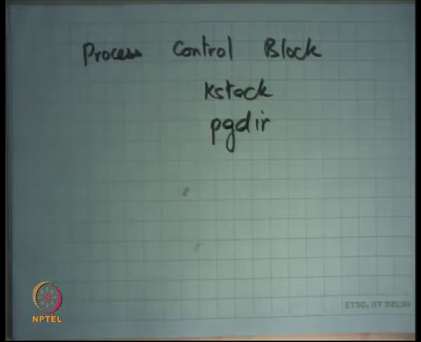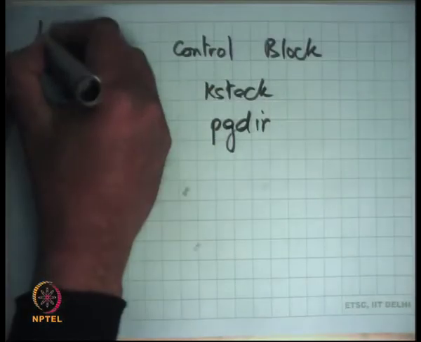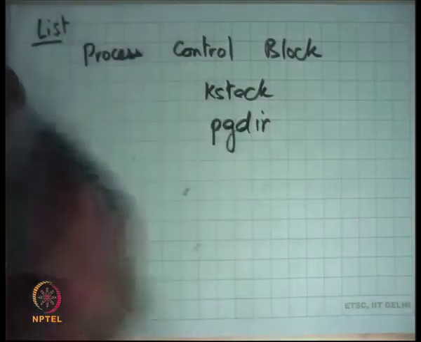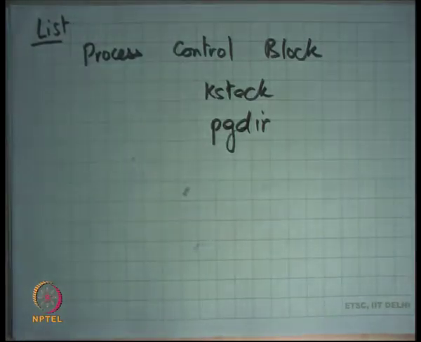And so there is a list of PCBs, and the scheduler will pick one PCB and then switch to its K stack and its page directory, and that's it, that's a context switch. All the information that was necessary to encapsulate exactly where that process got context switched out is available in the K stack.